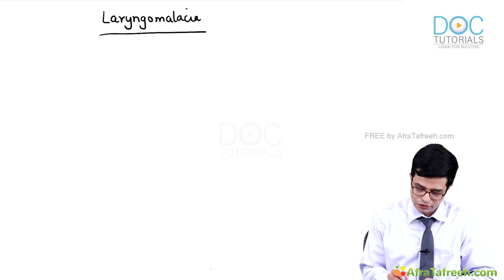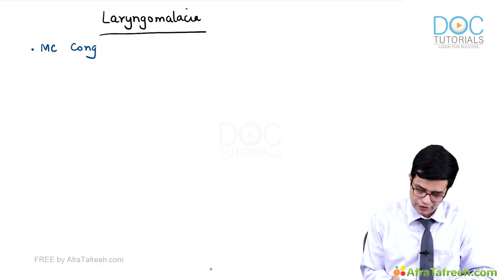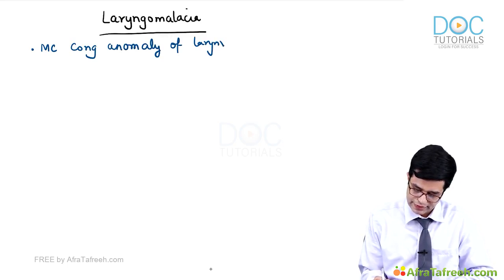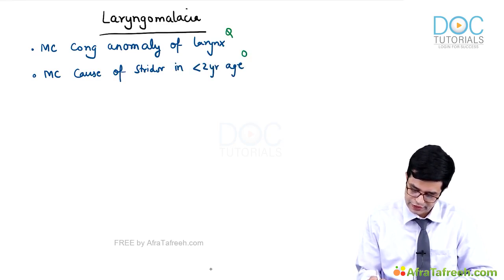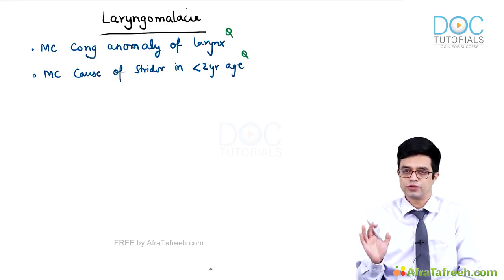The first thing that you need to know is that this is the most common congenital anomaly of the larynx. Second point, it is the most common cause of stridor in children less than 2 years of age. Both of them are known previous MCQ points, so you can add these points to your notes.